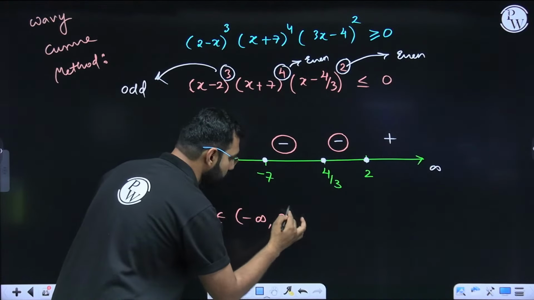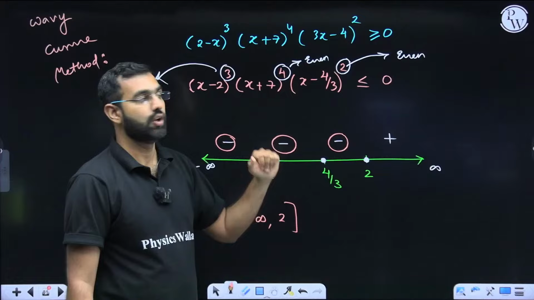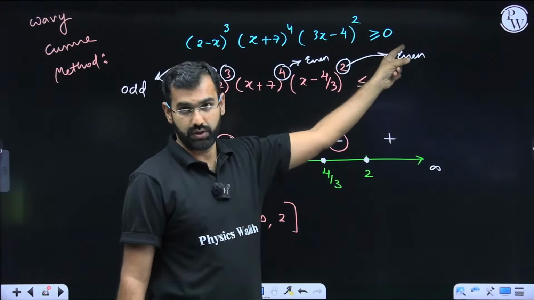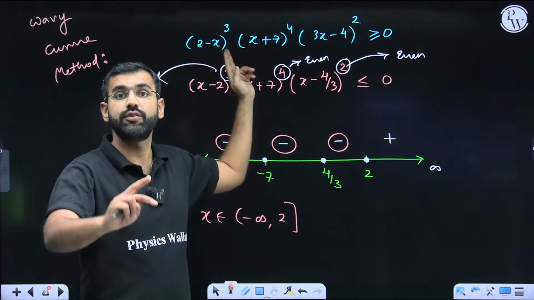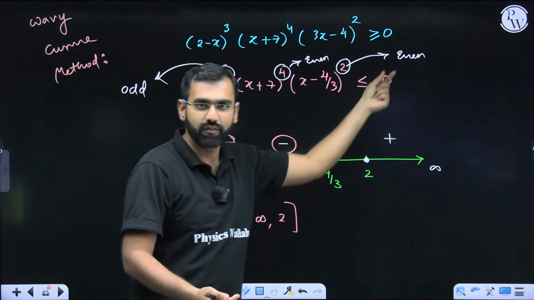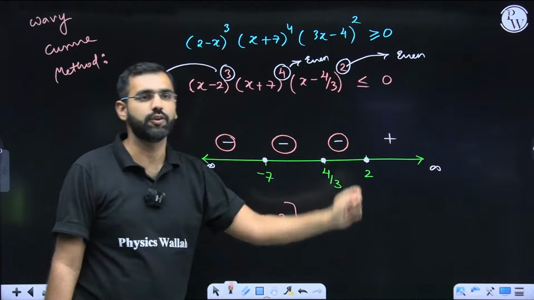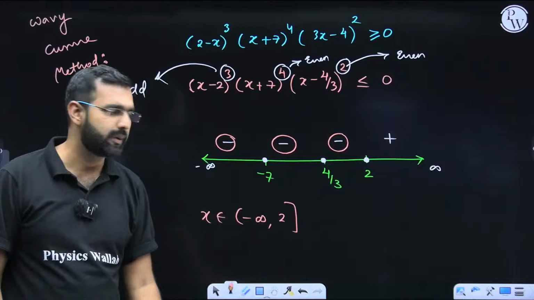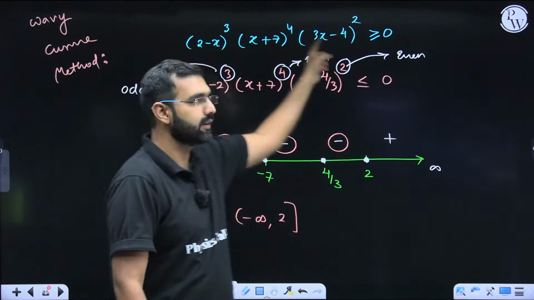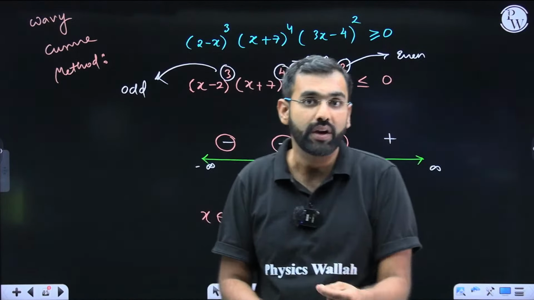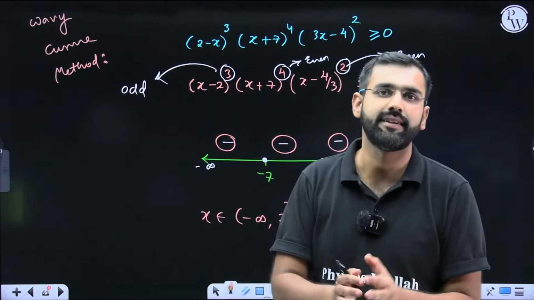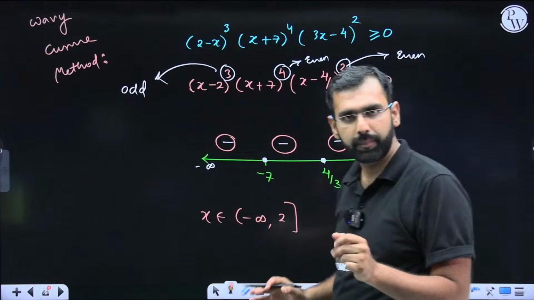If I take any value from minus infinity to 2, this expression will be negative. So the answer to this question will be between minus infinity to 2. You take any value between minus infinity to 2, you put it here, this inequation will be satisfied. Everybody understood this? Everybody got this? Can I move ahead from here? All the participants.